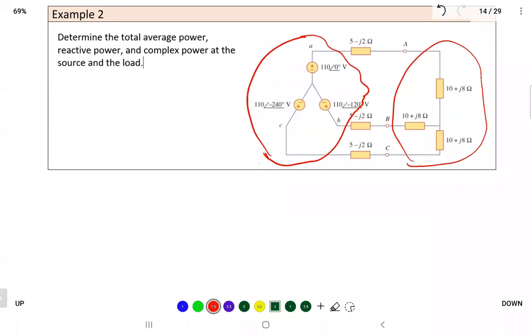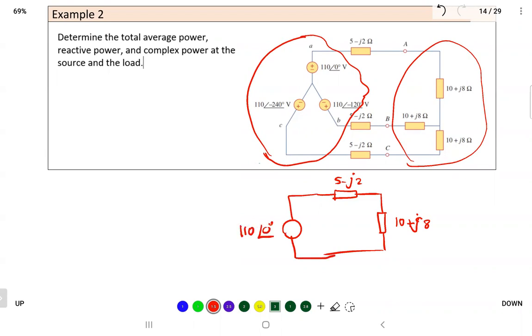So you have one impedance, 5 minus j2 ohm, and you have one load, all Y, so it's easy, 10 plus j8 ohm. And you have the source. You take, for example, phase A, with a 110 volt, angle 0 voltage.